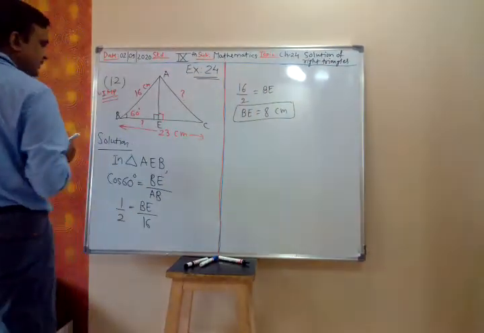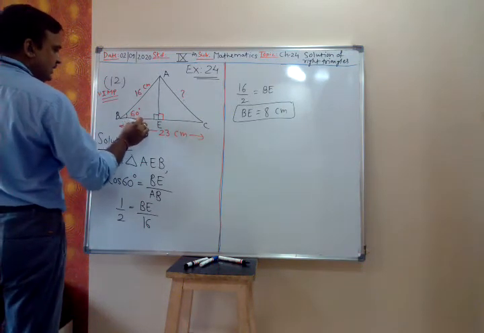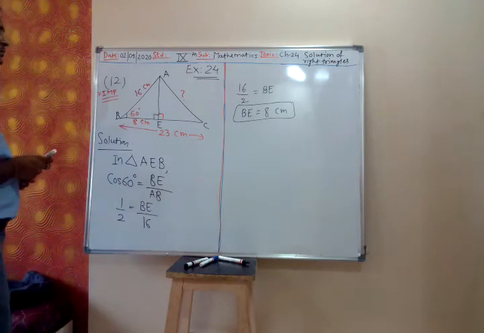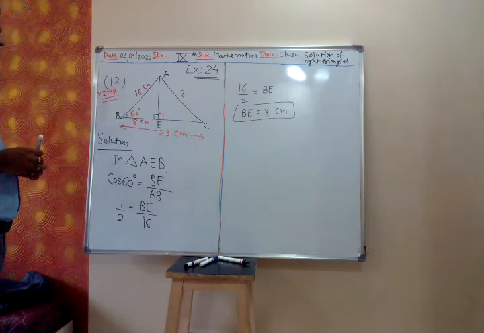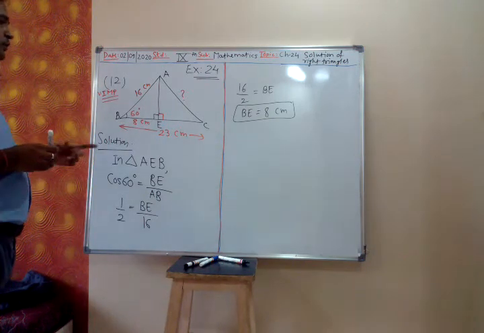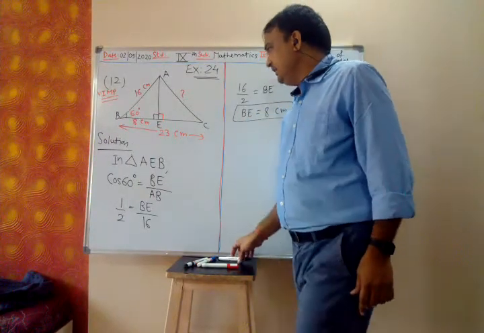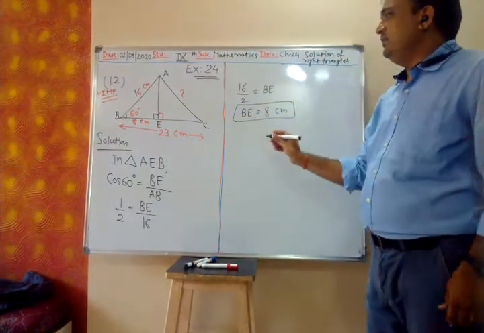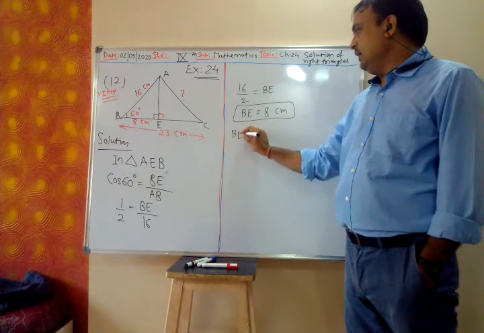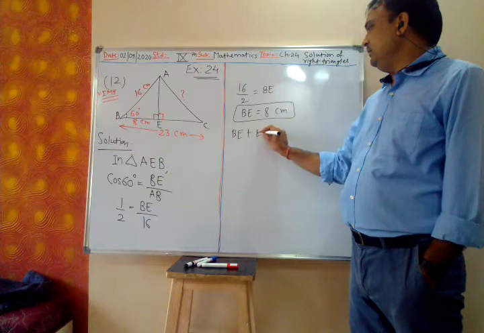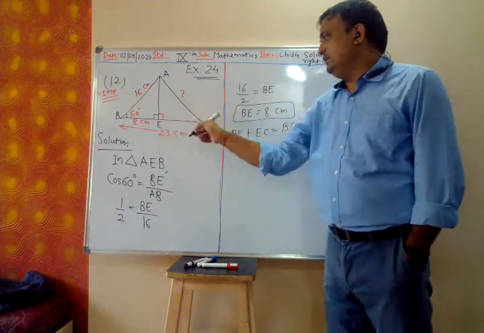So now my BE is 8 centimeter. So what will be EC? BE plus EC is BC.